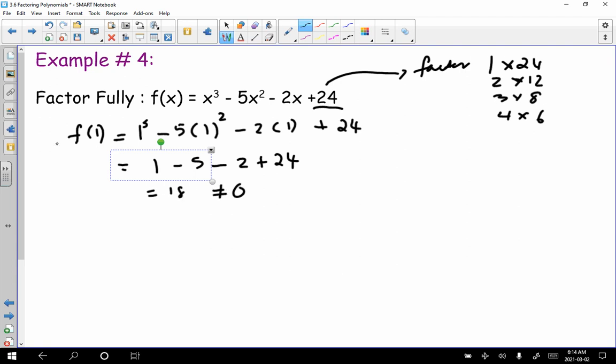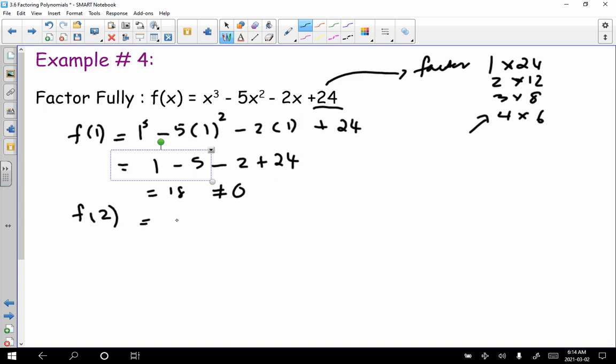So obviously x minus 1 is not a factor of it. So we have to do trial and error to find one of those factors that will give us a 0.